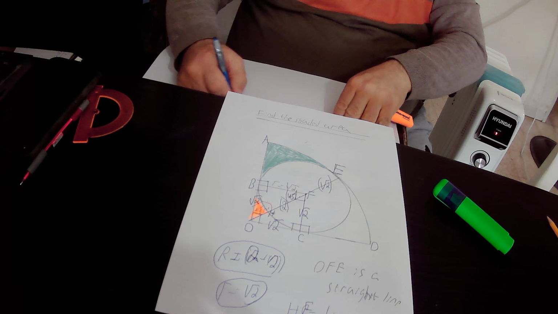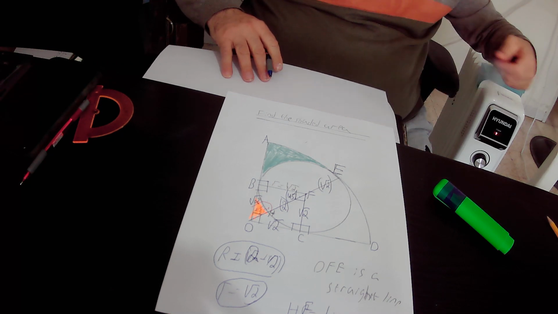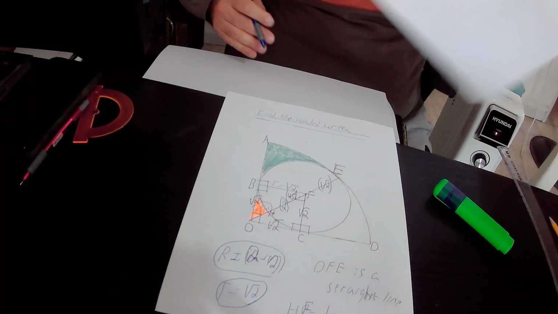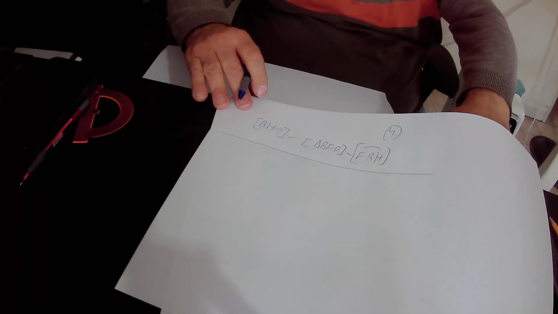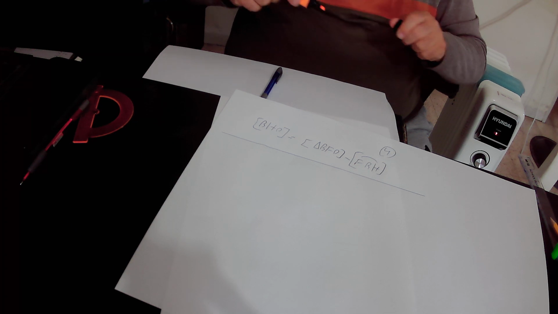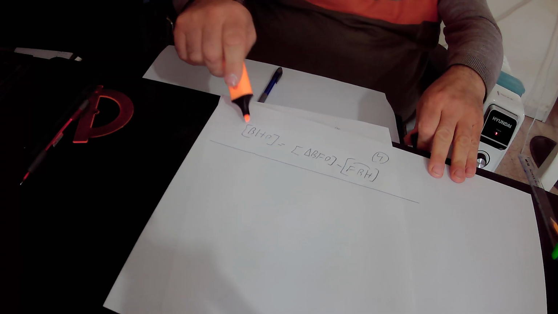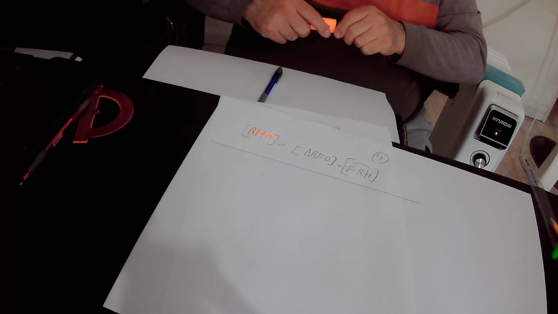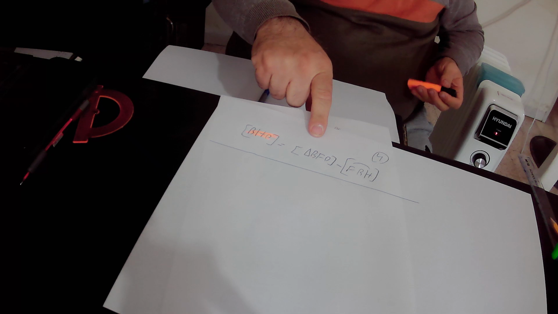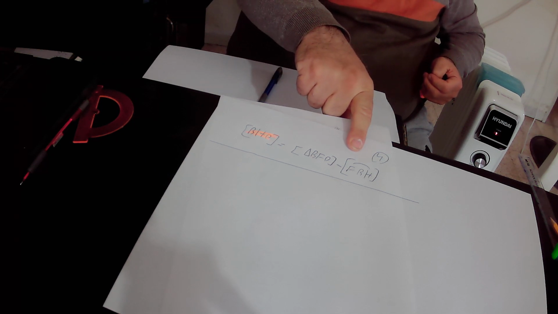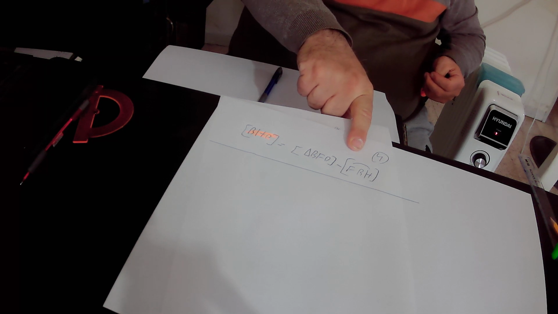The area of the small shape BHO in the orange color is equal to the area of the right isosceles triangle BFO minus the area of the small sector FBH, that is part of the small circle.